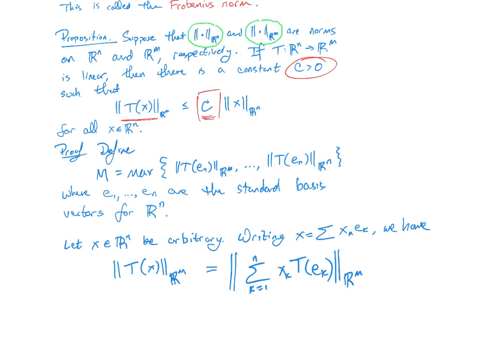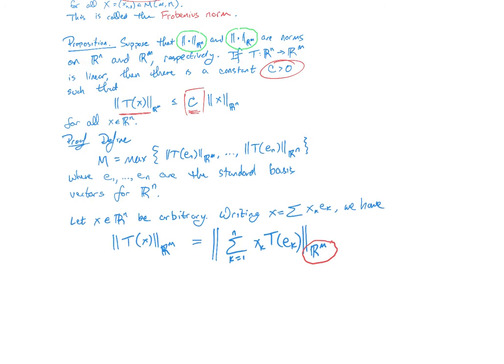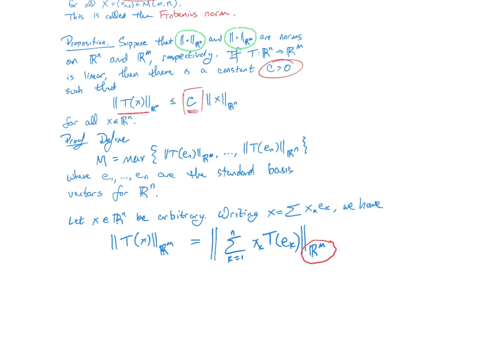Okay. Now, the triangle inequality on this norm right here, on whatever norm we're looking at in Rm, that triangle inequality says that the norm of a sum is at most the sum of the norms.